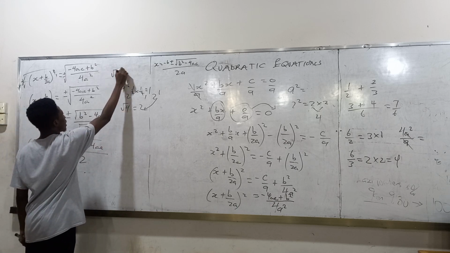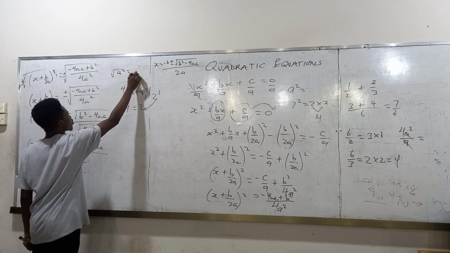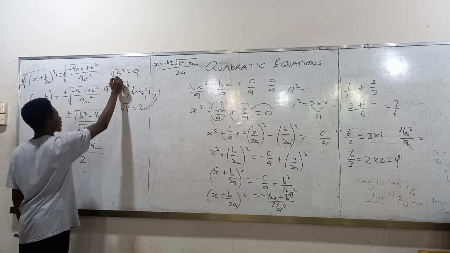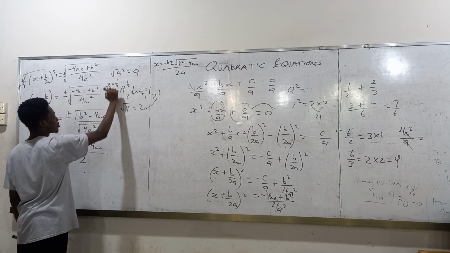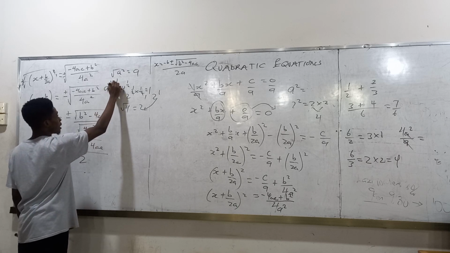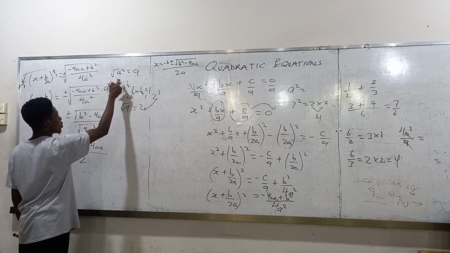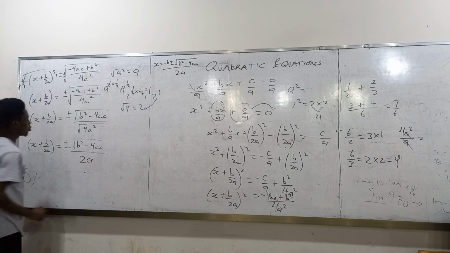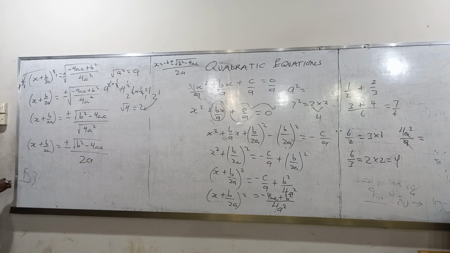And root a squared is also a, because it is a squared times half. This cancels this. You get 1. 1 times 1 is what? 1. So a to the power 1 is still a. So here you get 2a. So I think from here we can just omit the bracket.